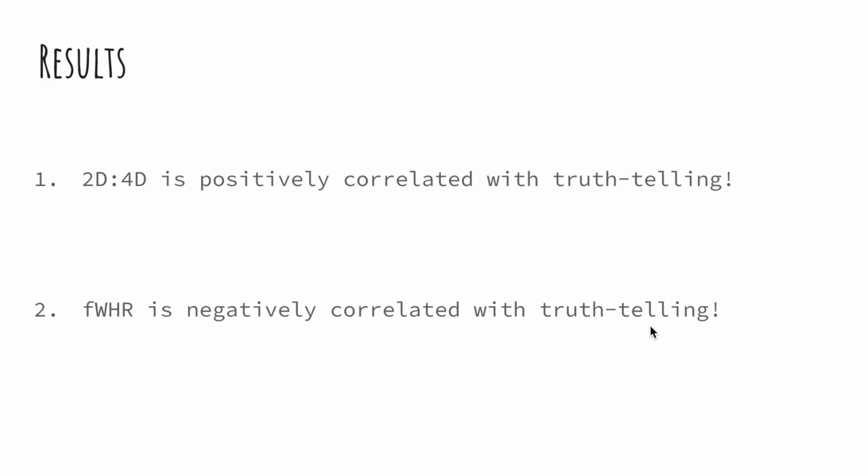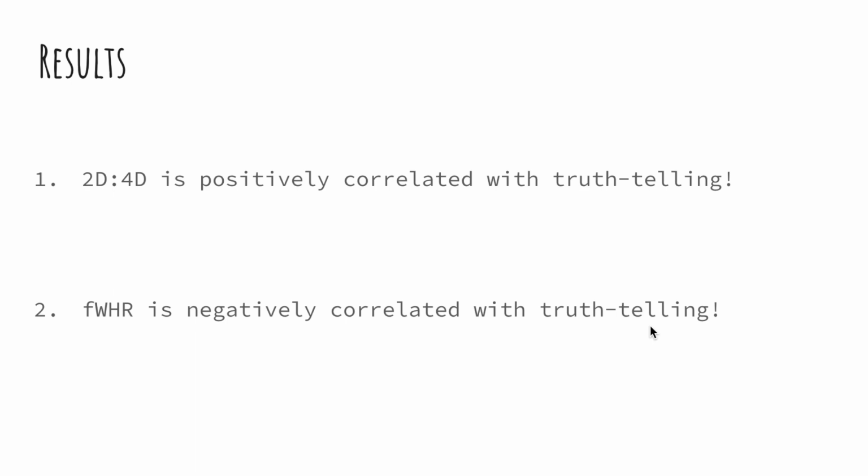It's confusing, right? Following the first, we get the result that the more masculine a guy is, the more likely he will tell the truth. But if we follow the second result, we tend to think that the more masculine a guy is, the more likely he will tell a lie.